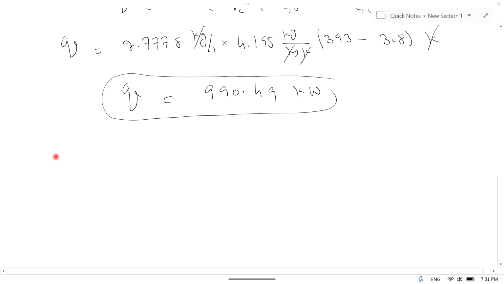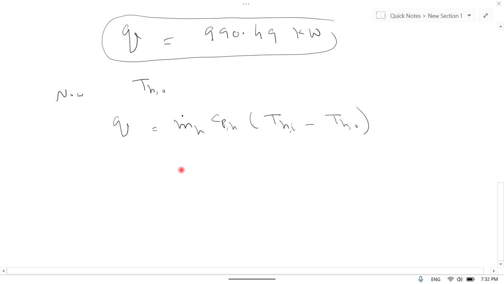So now we find the temperature of hot water outlet. We know that Q is equal to m dot h, c_p,h, specific heat capacity of hot water, into T_h,i minus T_h,o. T_h,i is the hot water inlet temperature and T_h,o is the hot water outlet temperature. Now rearrange this.